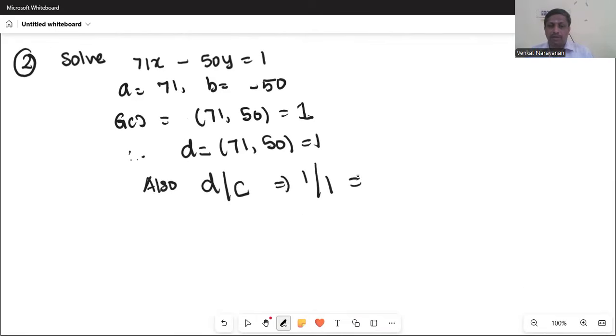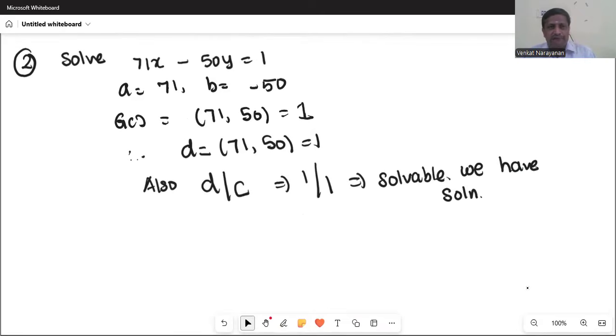So it means it is solvable, and we have a solution. Now the only issue we are facing is, what is that? Finding the initial solution. How to find the initial solution?